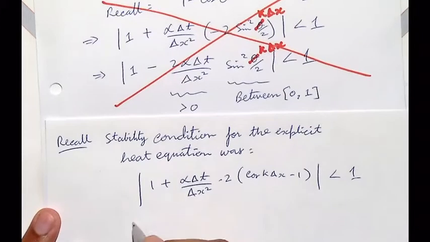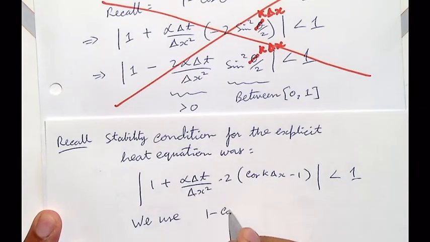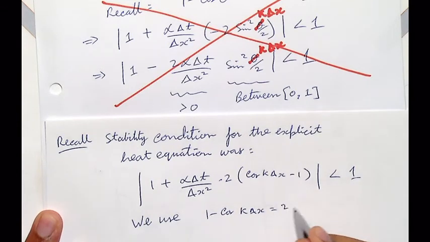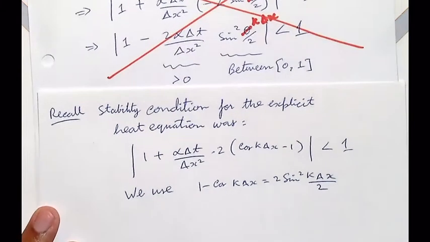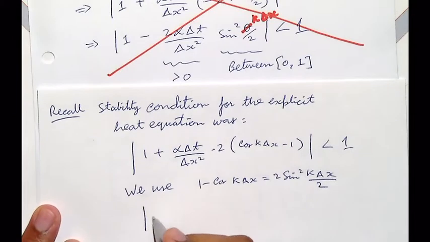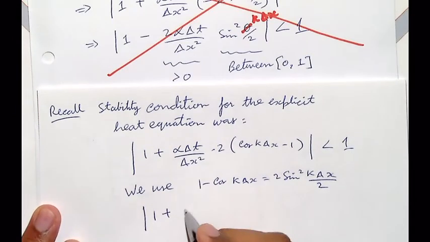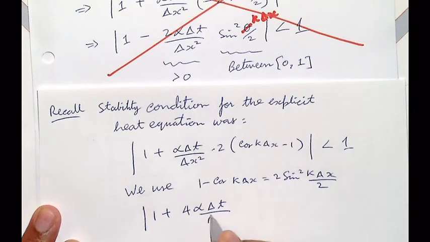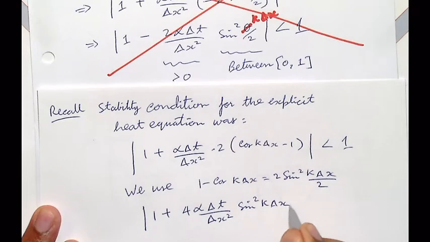Okay, and we use 1 minus cos k delta x equals 2 sine squared k delta x over 2. Okay, we substitute that in, we get 1 plus 4 alpha delta t sine squared k delta x over 2 is less than 1.